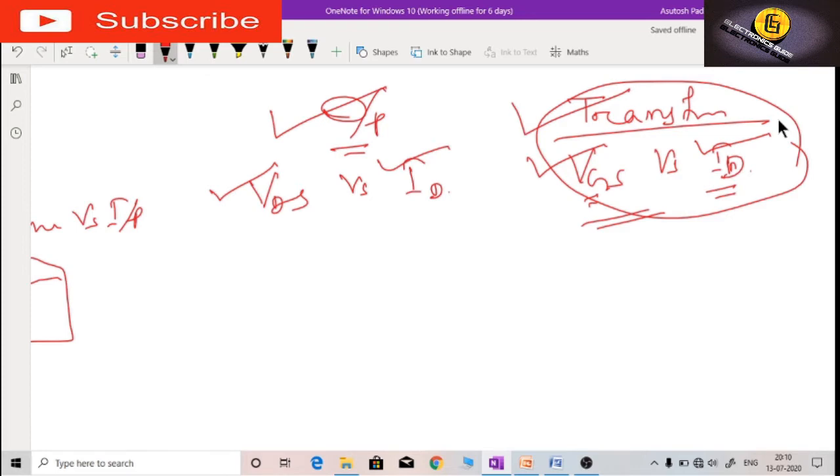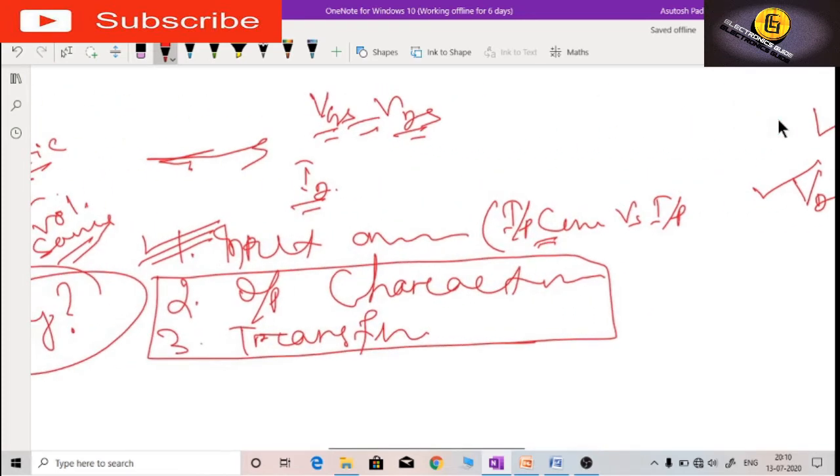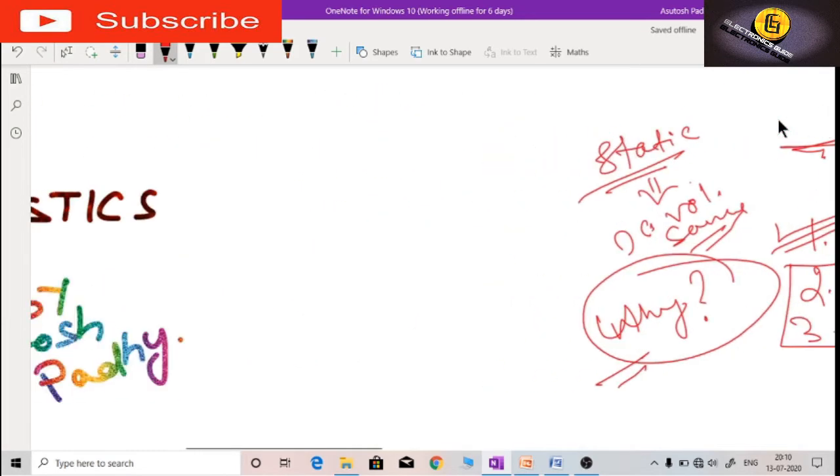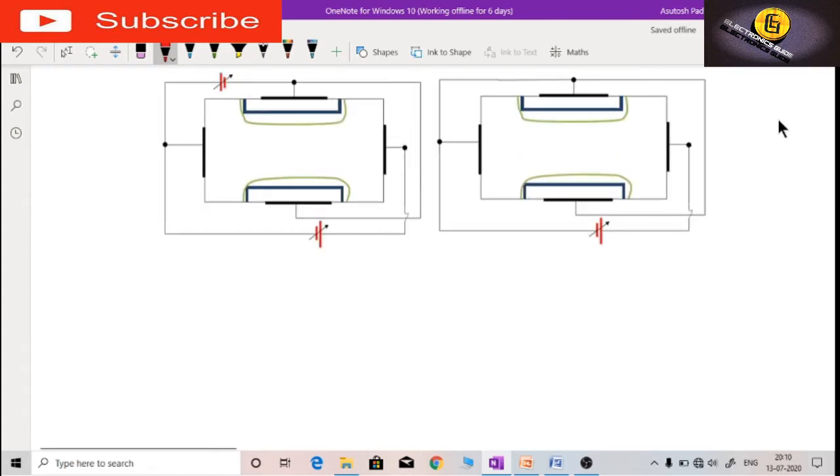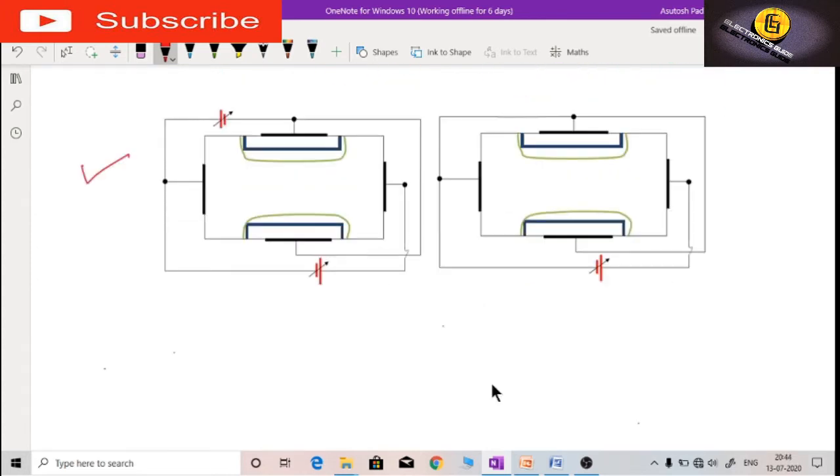For this, we have to analyze this figure. This figure depicts an N-channel JFET. The channel type is N-channel.